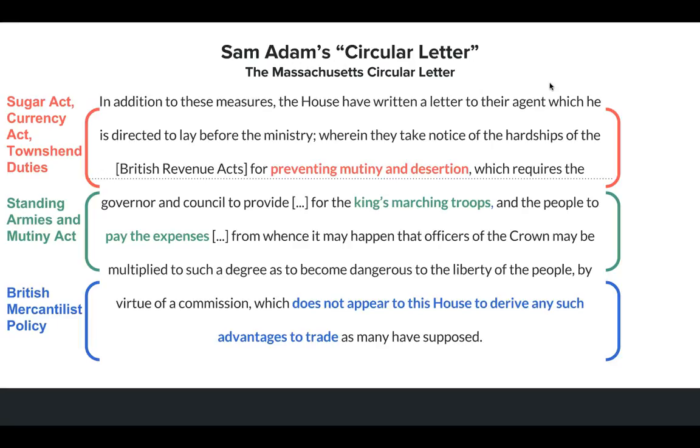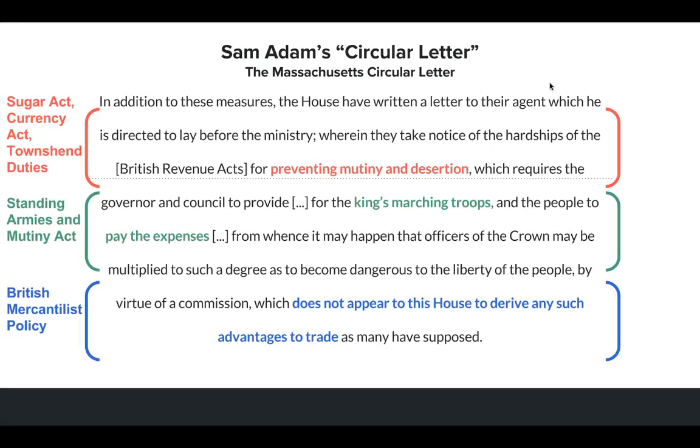Like, we understand that we are indebted to you through mercantilism, but he almost includes this little quip at the end saying that us people in Boston, we don't really know if there is much advantage to British mercantilist policy. Or maybe he's really saying here that maybe there isn't much advantage to trying to prevent mutiny and desertion.